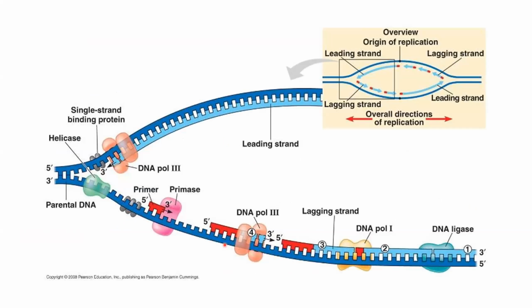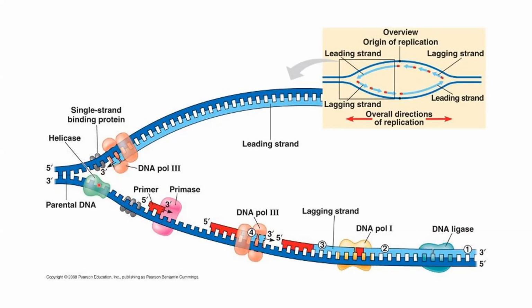So essentially, this is all happening in S phase. Remember, this all happens in S phase of our cell cycle where the DNA gets replicated. Our deep blue is our parental DNA, and our baby blue is going to be the new DNA.